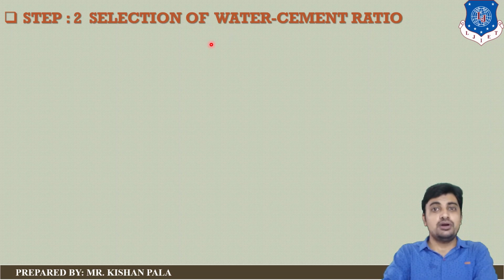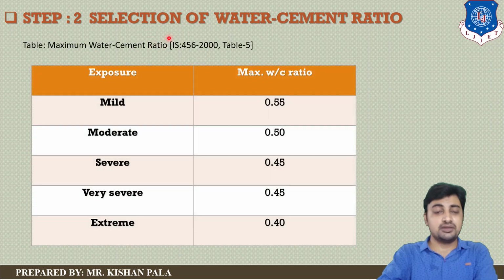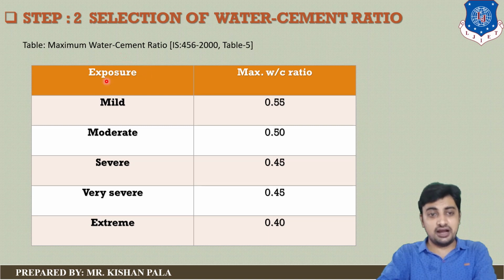So you have to take the ingredients of the concrete mass to be used actually. Here you can see on your screen the table given in Indian Standard 456 2000, table number 5. You have to finalize the maximum water cement ratio with the concrete surface exposure condition.